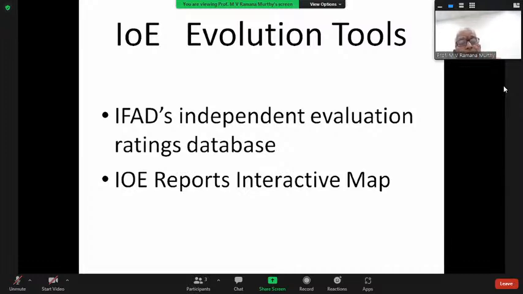This includes an organization which has to keep an eye on standardizing certain metrics in order to find out the performance of tasks, in which IFAD independent evaluation ratings database are there. We also use an interactive map, which is another concept, and these are what we call evaluation tools.